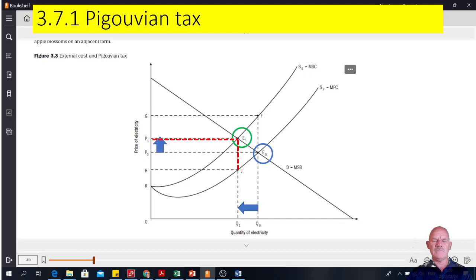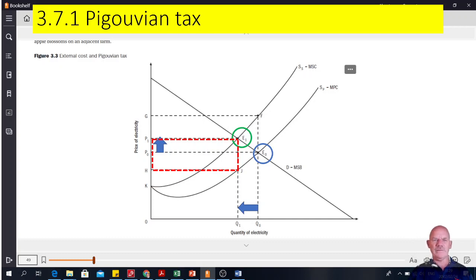So that's the new quantity. So the government will receive that rectangle of money. That's not the point here. So the government doesn't tax pollution to get revenue. So that's not part of the Minister of Finance's methods of making money.